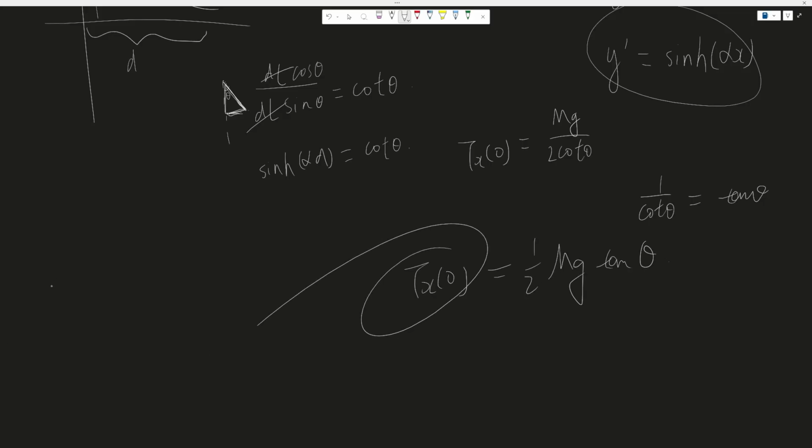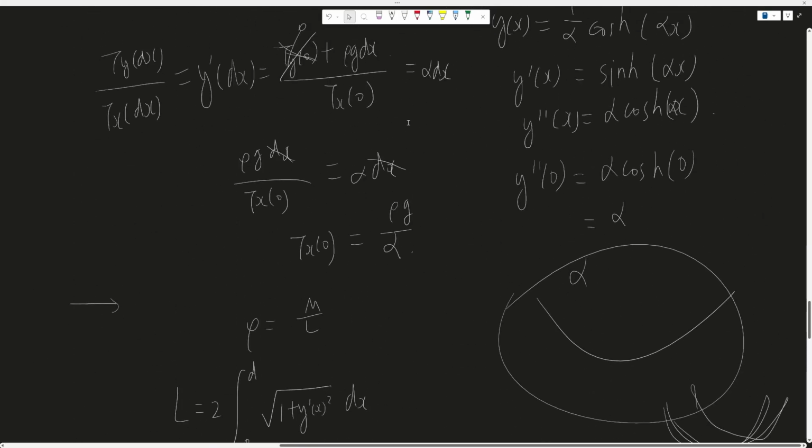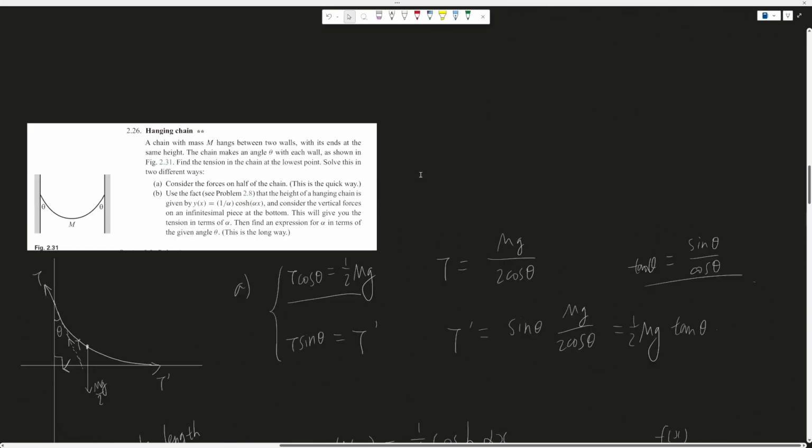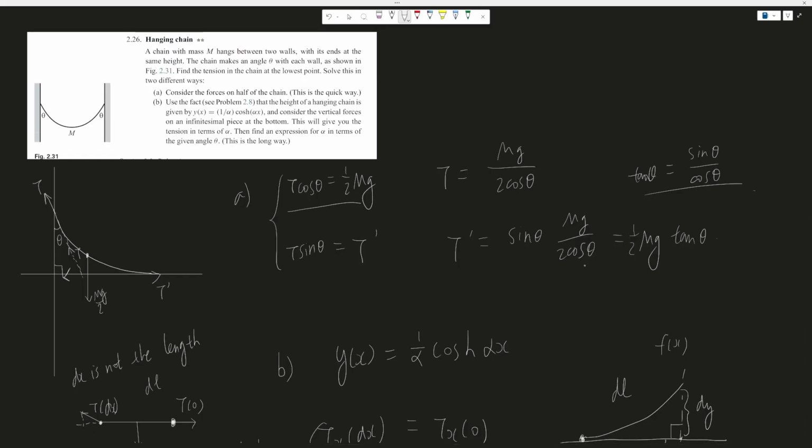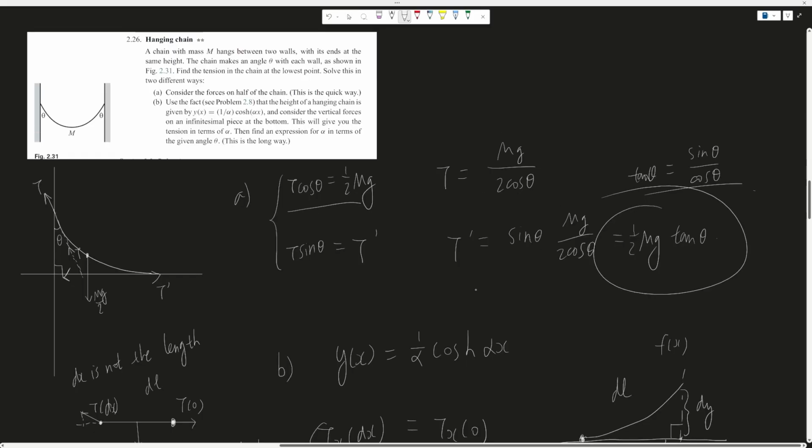And just remember again, that bottom piece only has the horizontal tension force. The piece that experiences it at 0, because that force is pointing right horizontally. And so that is our answer, half mg tangent theta. And it's equal to the answer that we obtained in part A, just much slower and with many more steps. Thank you for watching.